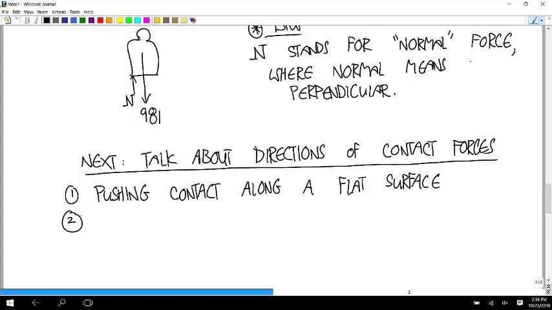The second one is a pulling contact. And pulling contact is always a force where the contact between objects could be replaced with a cable.